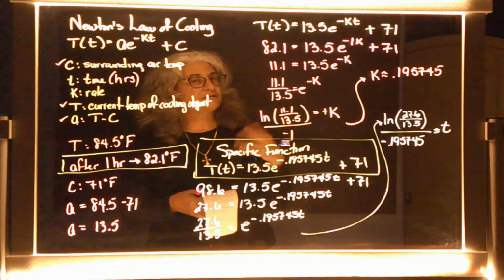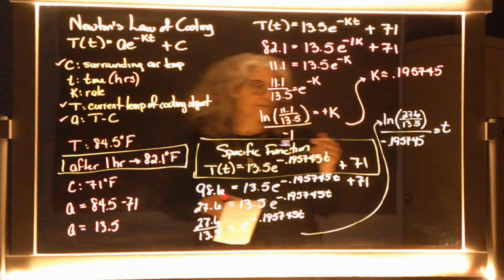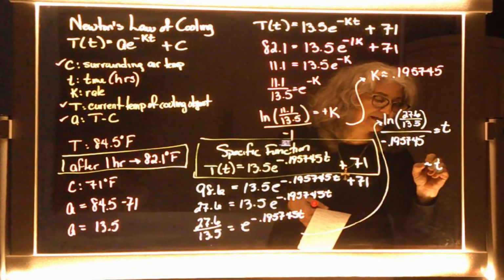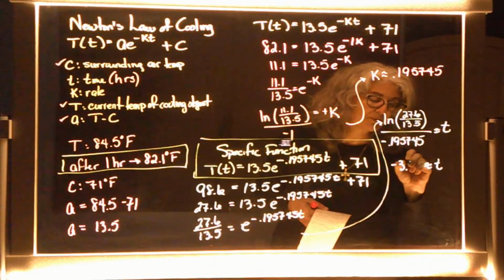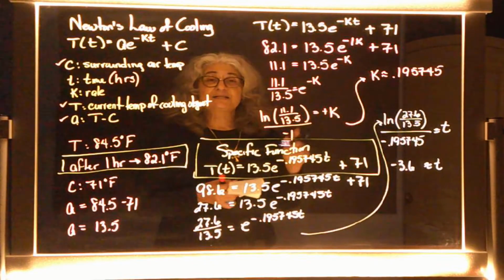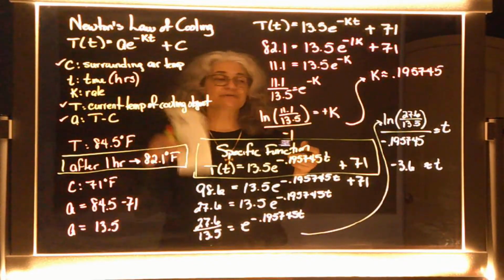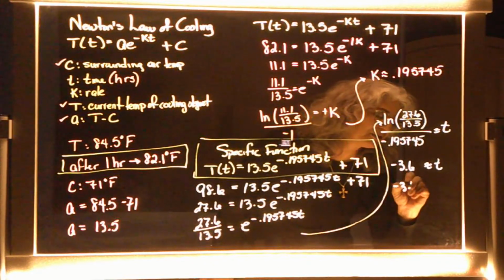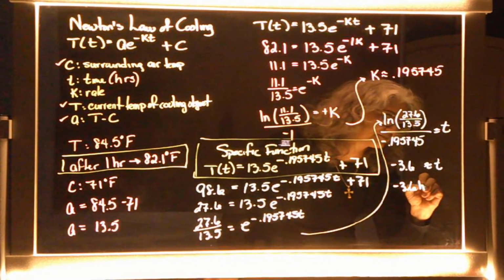Okay, so calculator, plug it on in. Tell me what you got. Okay, I believe I heard you say a negative 3.6, right? Time is in hours, so that's a negative 3.6 hours.